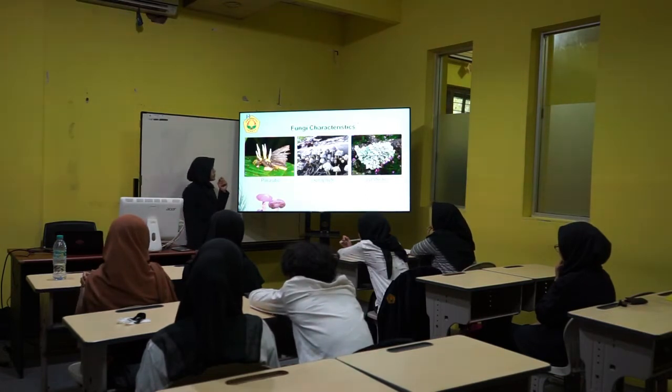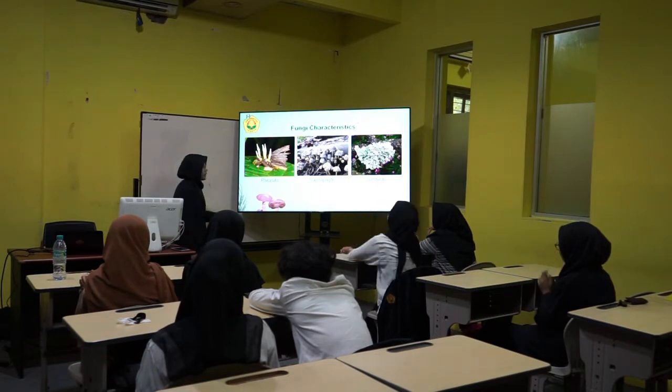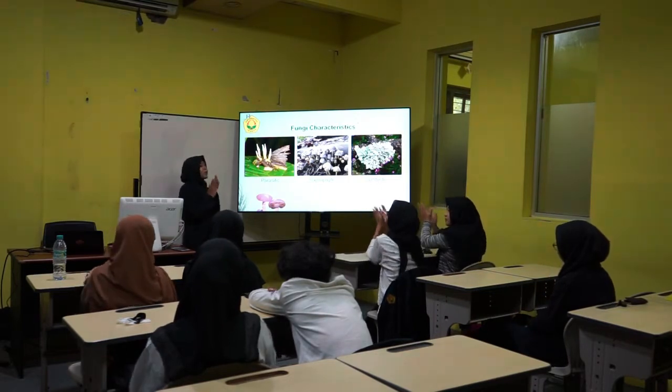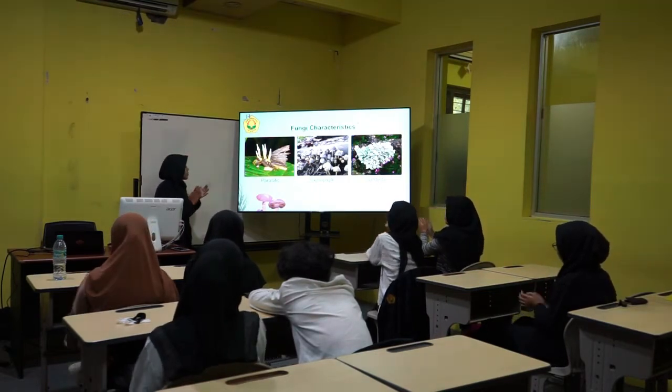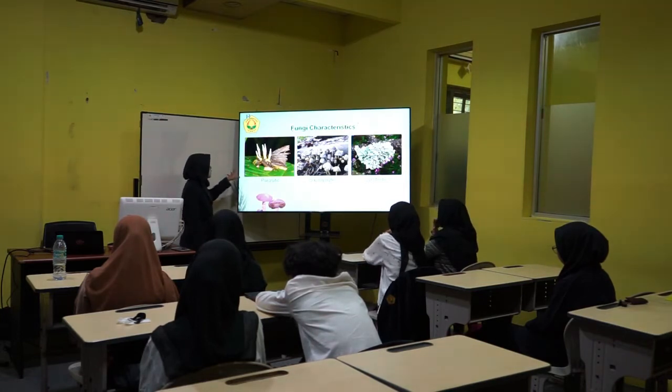So the fungi is parasitic on the moth. Thank you so much. Applause to Ilma. What Ilma said is very good and correct. It is a moth infected by fungi, and these fungi have the characteristic of a parasite.